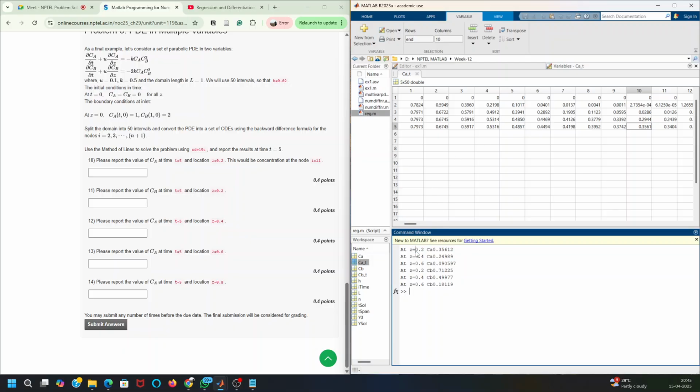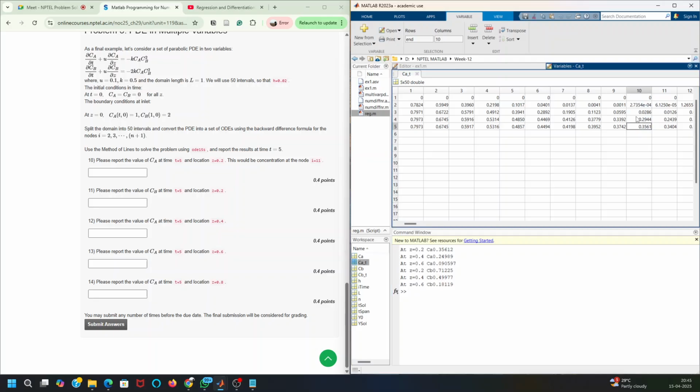If you take divisions, like if you go in steps of 0.002, z equals 0 is node 1, so you will get it at the 11th node, because I am not including z equals 0 here. So that's why this 10th cell is nothing but the 11th node. And at time t equals 5, this is my concentration.